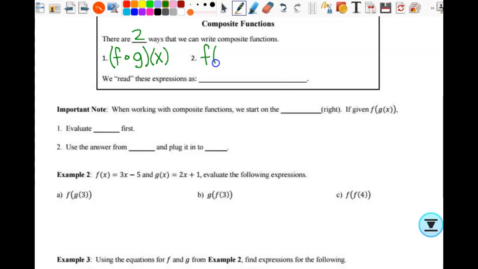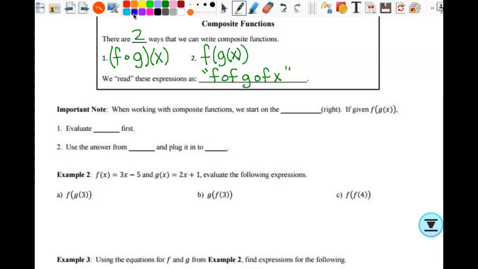Or this. I like the second one a whole lot better because it shows you what goes on the inside. But again, it's a matter of opinion. I don't really care how you write it as long as you understand what's going on. And we read this as F of G of X. That's how we read it.